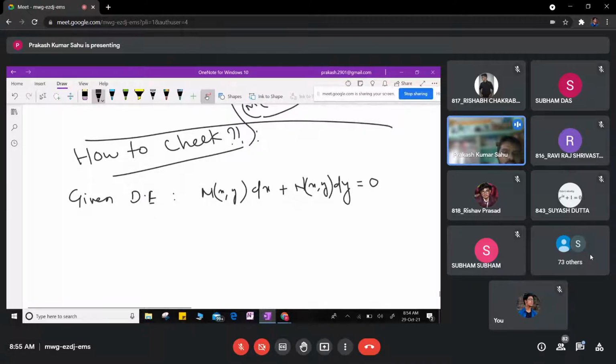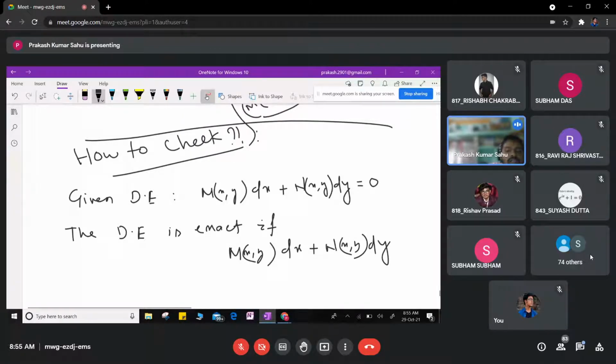The differential equation is exact if M(x,y) dx plus N(x,y) dy is equal to some d of something, the derivative of some function f.